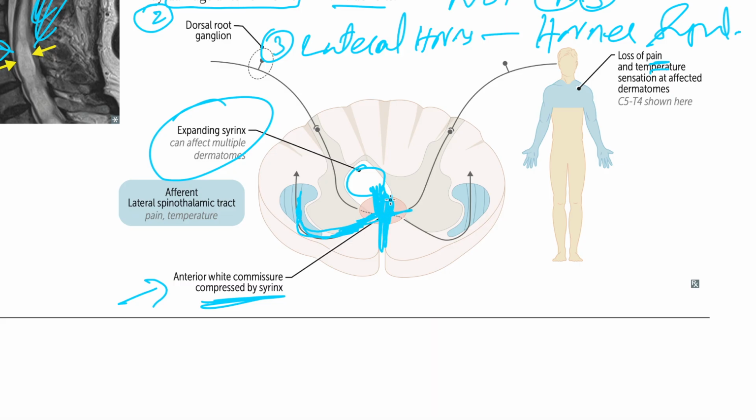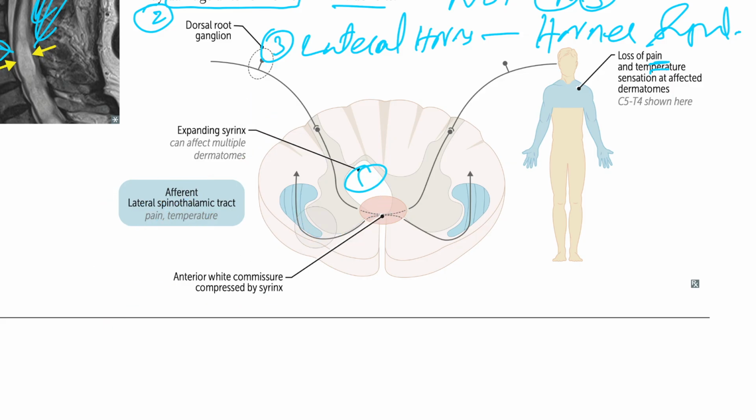So when you mess up the anterior white commissure, you're going to mess up the spinothalamic tract, which is pain and temperature. But this thing is growing. This is not going to stay there. When you expand this, you're knocking out your spinothalamic tract, which is the first thing that you see.